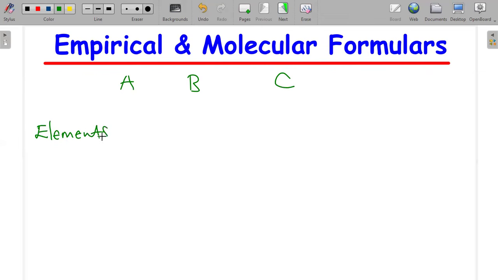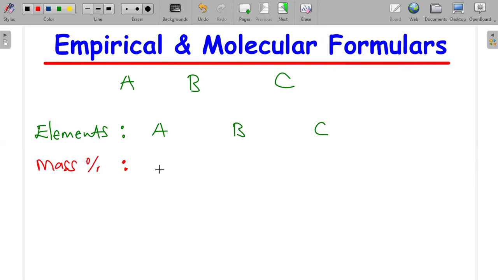So you write the word elements, then a colon, and then A, B, and C. The next thing is to write their masses or their mass percent. It doesn't matter if they give you the mass percent or the mass, it's going to be the same. So whatever masses they give you for these.